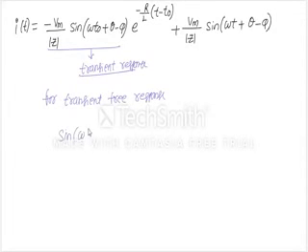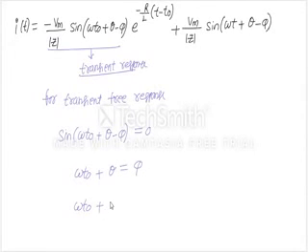Sine of omega t naught plus theta minus phi equal to 0. From this, omega t naught plus theta is equal to phi, I can say.